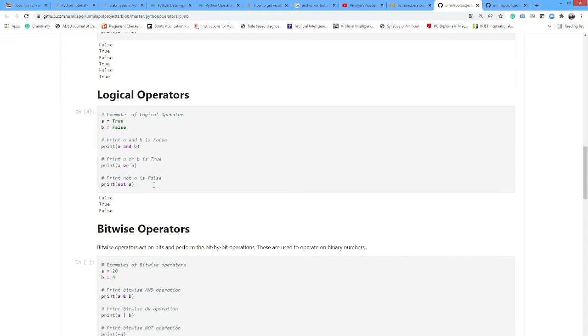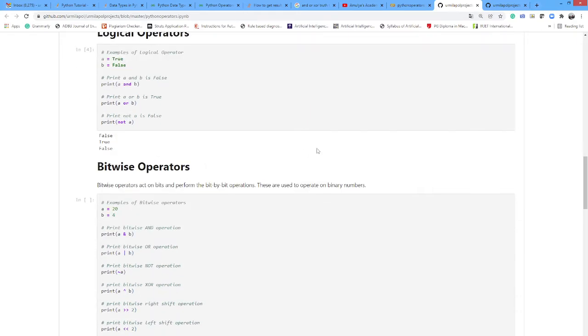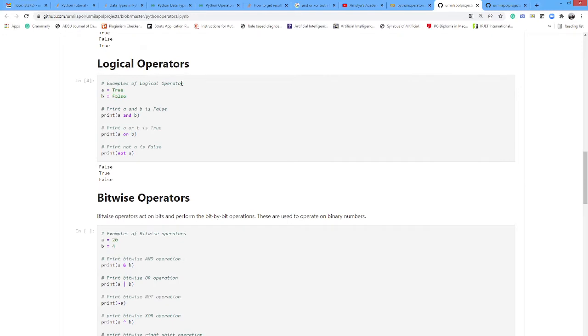And print not a is false. a is equal to true, not a means false. Like that logical operators work.